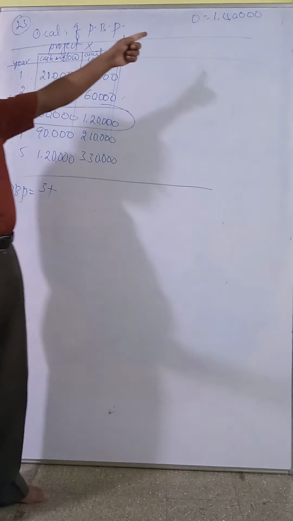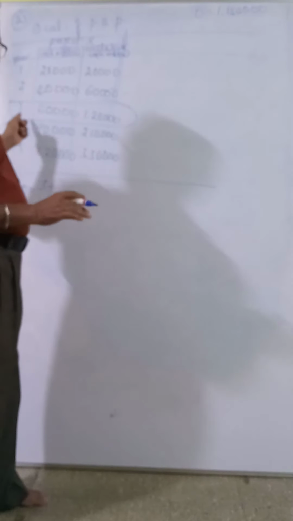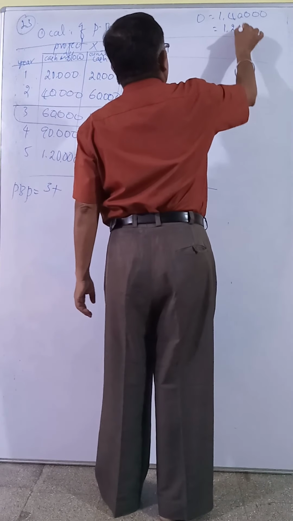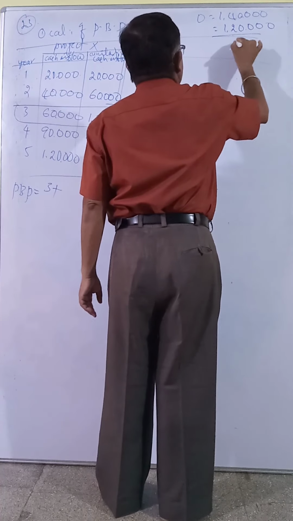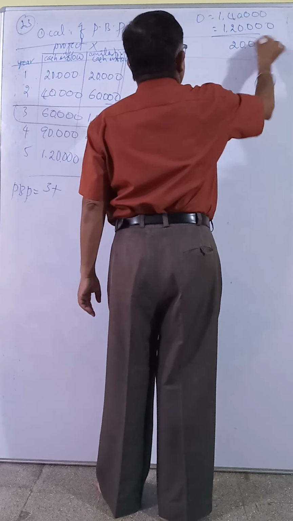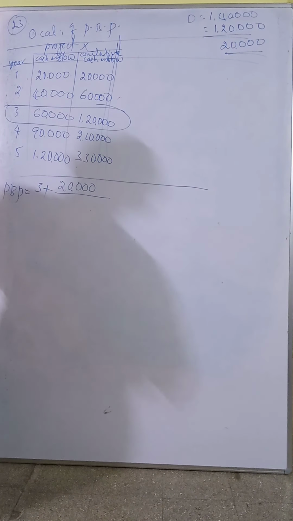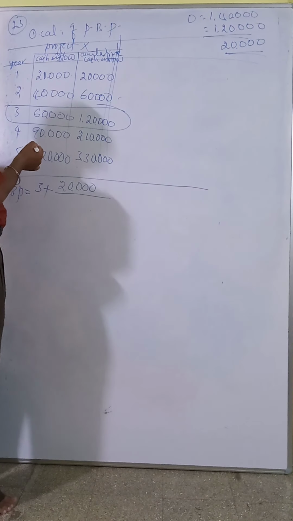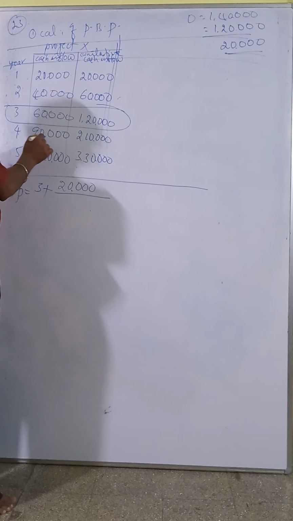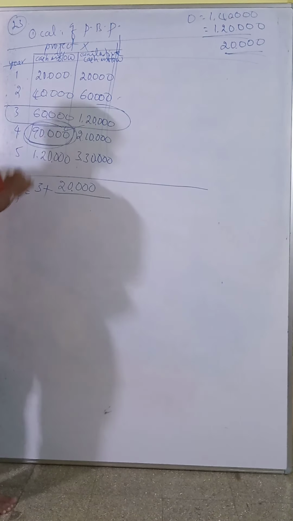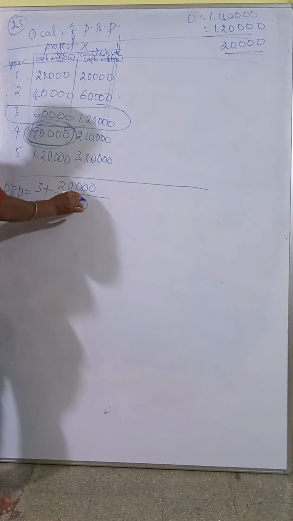Out of the 1,40,000 cost of investment, we have recovered 1,20,000, so deduct it. The remaining balance is 20,000. That is the balance cash flow required. 20,000 divided by the cash inflow for the next year, which is 90,000, not the other one.